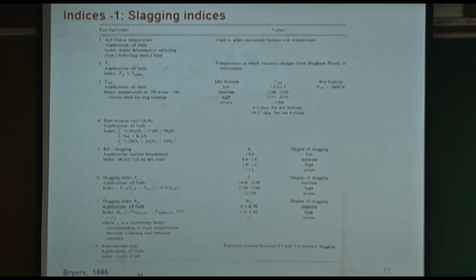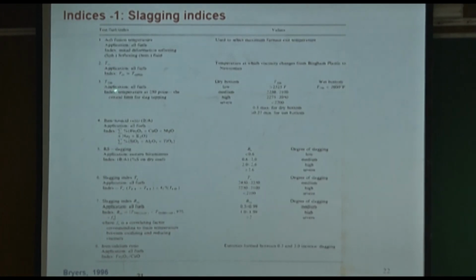So if you get the ash fusion temperature, then you will design your gas velocity and your boiler height in such a way that the furnace exit gas temperature remains below this, so that the ash doesn't fuse there. Simple.